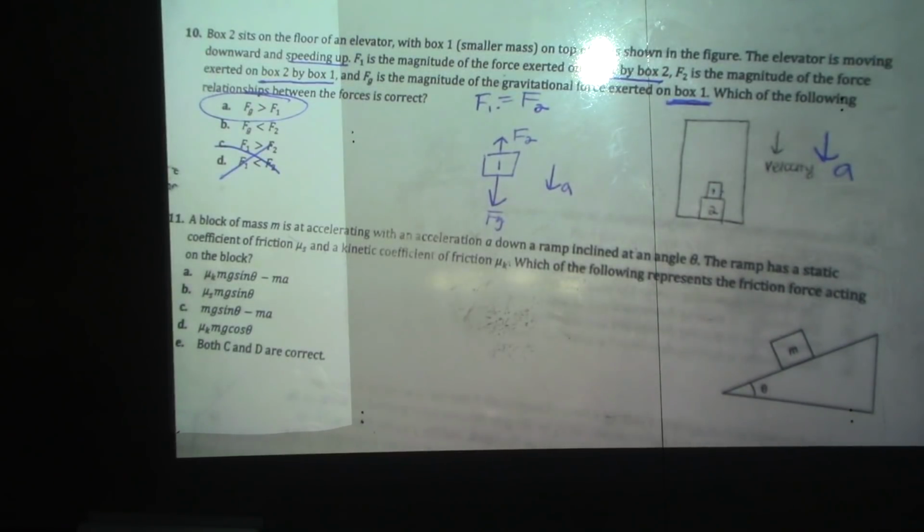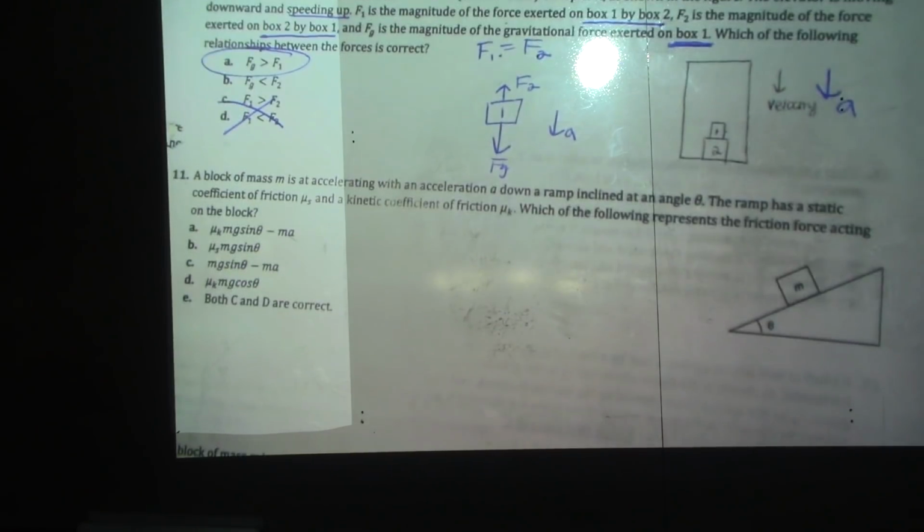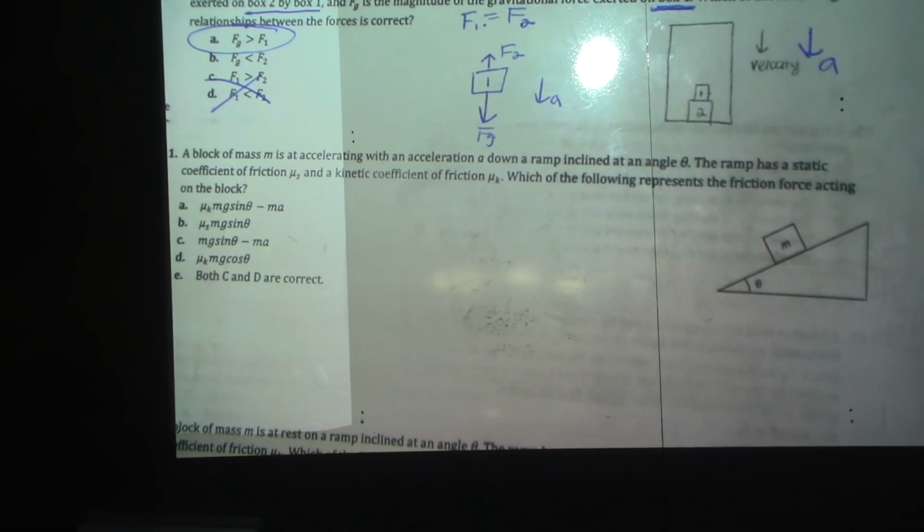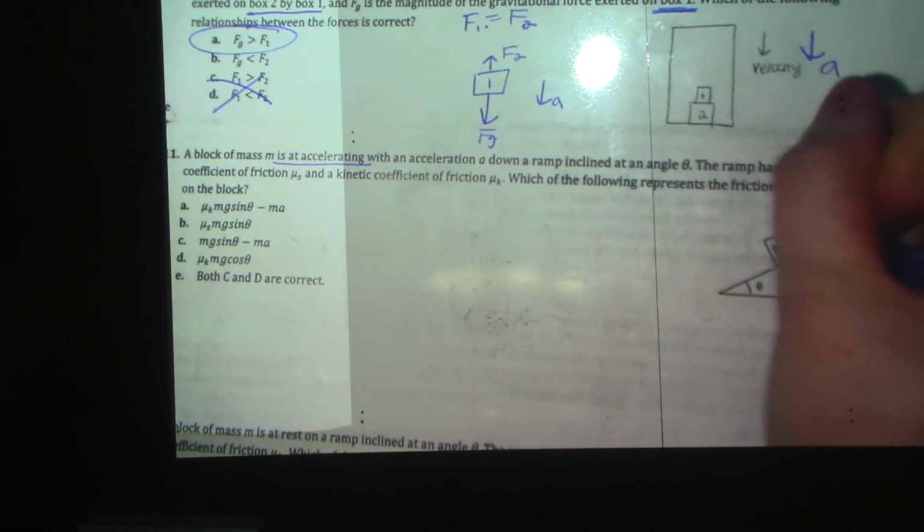11, a block of mass m is accelerating with an acceleration a down the ramp. We've got static and kinetic coefficients of friction, which represent the friction force on the block. It's already moving, right? So we're going to break it down. This is my mg sine, this is my mg cosine, this is my Fn, this is my friction force right here.